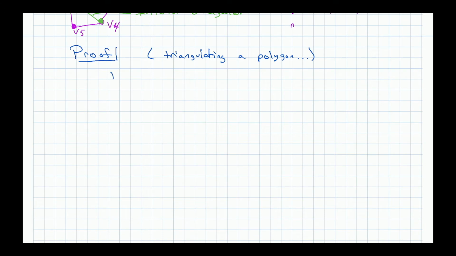That's the theorem. So what's the basis step? The basis step would be where you show that an n equals 3-sided polygon can be triangulated into n minus 2 triangles. So let's see. Consider an n equals 3-sided polygon. There it is. It's a triangle.